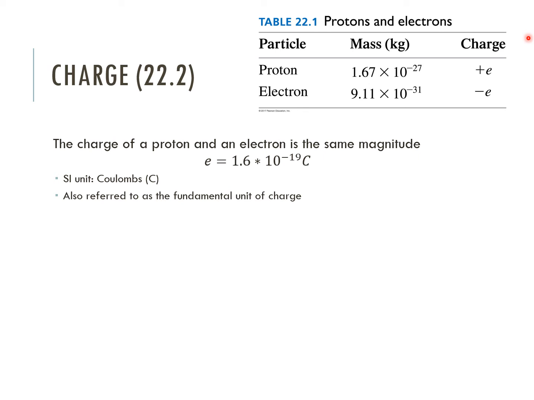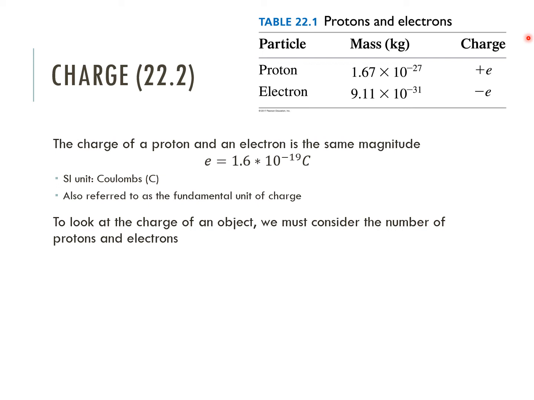So that means that the electron's not made up of two negative particles, it's just one object. So this is the absolute smallest value you can have for a charge, because you can't have part of an electron. So that is why it's the fundamental unit of charge. Turns out you can have part of a proton, but that is way beyond where we are going in this class. So fundamentally based around the electron.